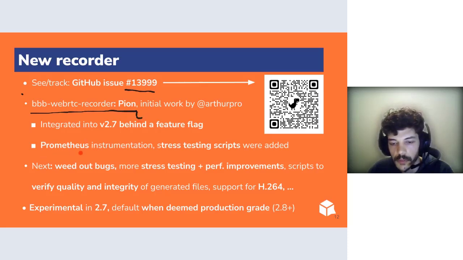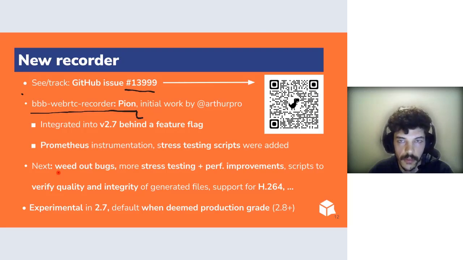We've added Prometheus instrumentation to this new service. We've added stress testing scripts so we can get this right from the get-go. So the current state is this. It's experimental. And for the next steps, we need to do a lot of work on weeding out bugs.